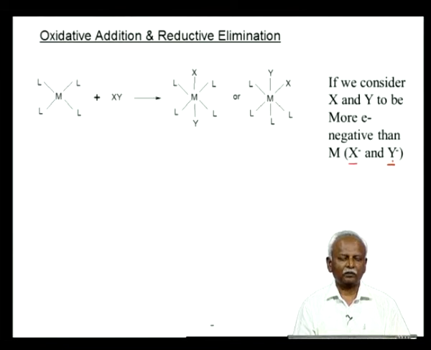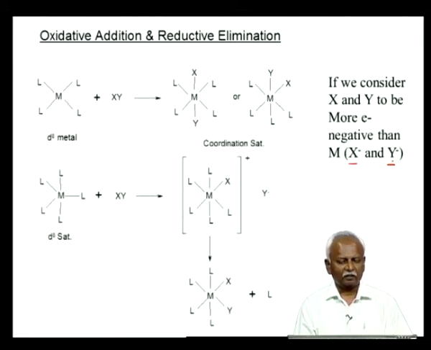You started out with 4 ligands. We do not know the character of those ligands, but you do not have a negatively charged species on the ligand. Then at the end of the reaction, you have 2 extra negatively charged species, which means the metal must have released 2 electrons to X and Y. So, that X became X minus and Y became Y minus, and so you end up with an oxidation state which is +2 relative to your starting point.